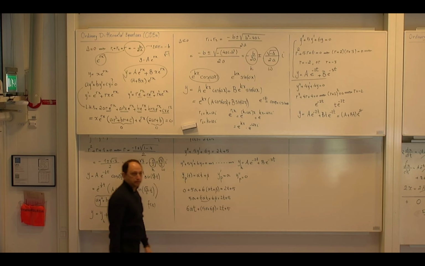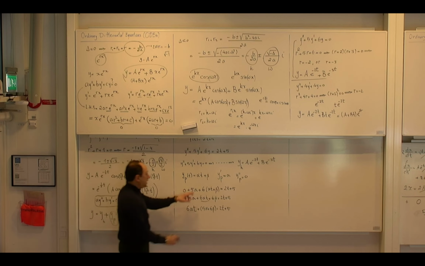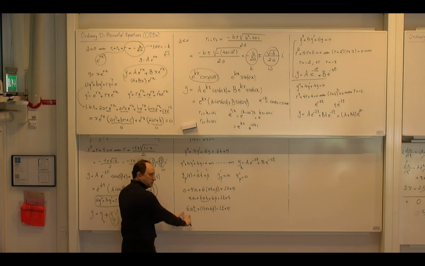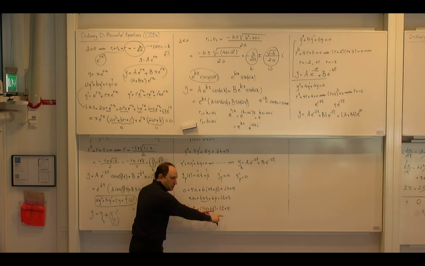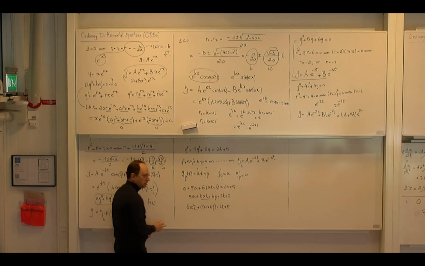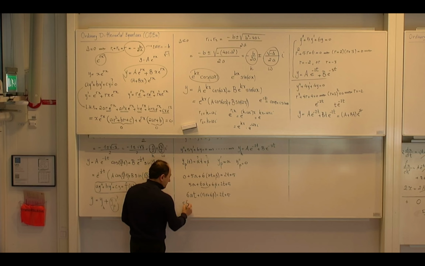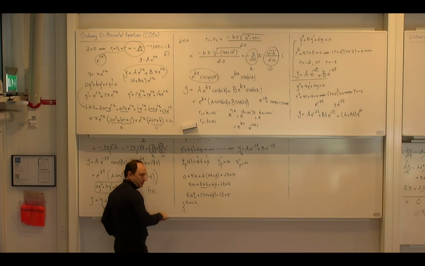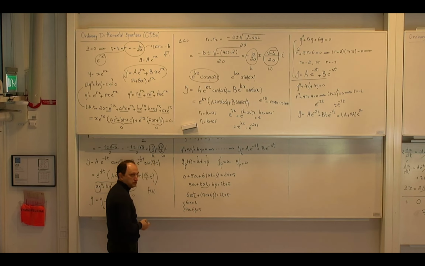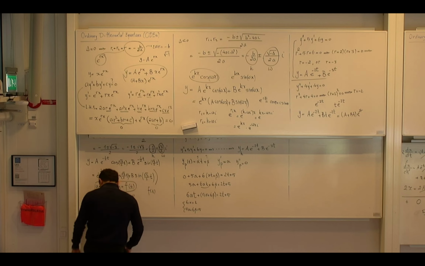I want to fine-tune alpha and beta so that the left-hand side matches the right-hand side. So how can I match them? It is enough to make 6 alpha to be 2, if I can make it. And if I can make this one to be 5, I am done. The left-hand side matches the right-hand side.